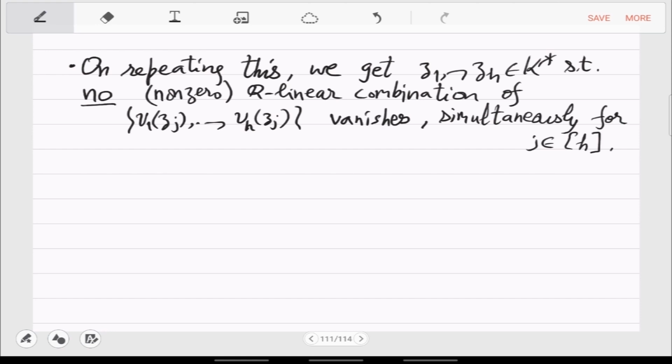Which is another way of saying that this matrix is invertible, which is the same as saying the determinant is non-zero. Is that clear?